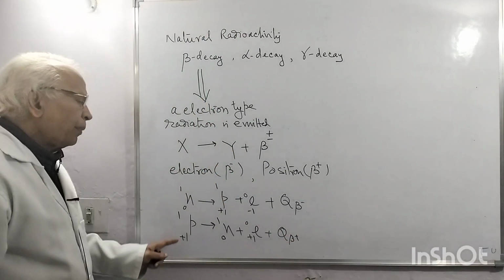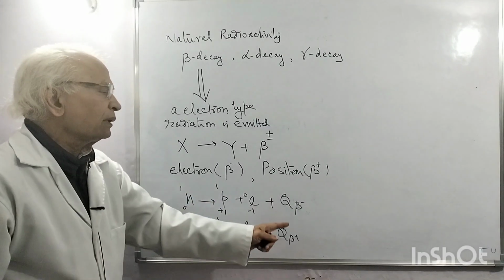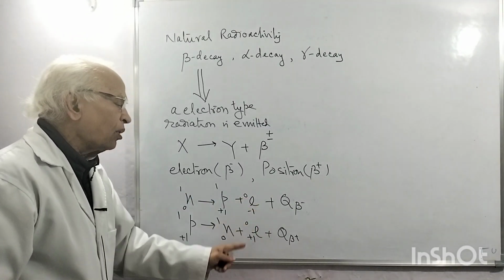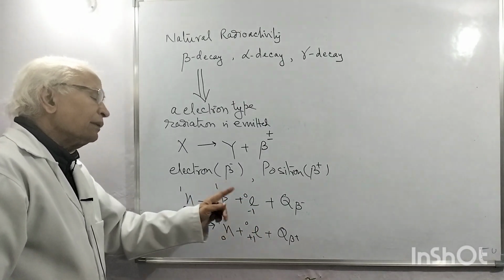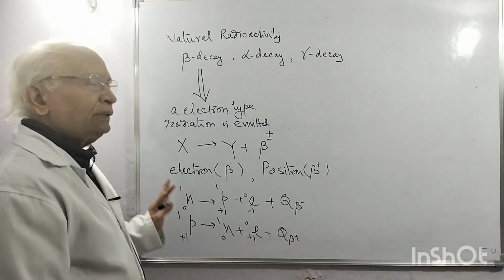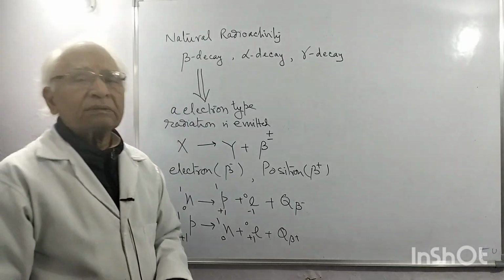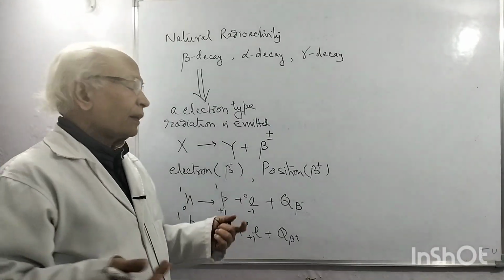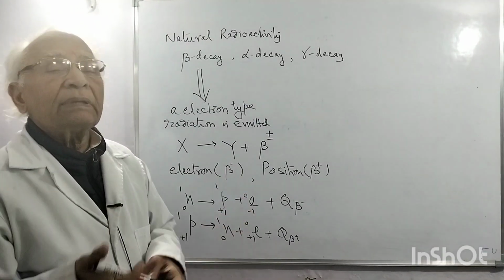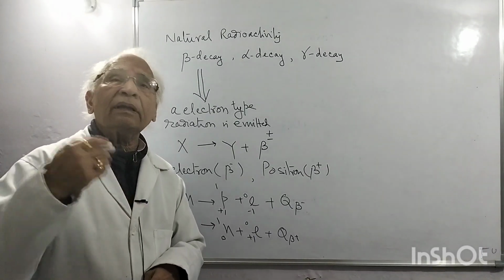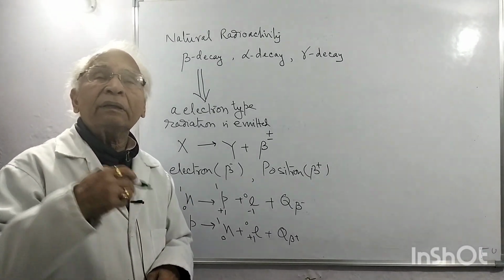This is now positron decay, and this is the electron decay. So the two processes of beta, both are called beta decay, beta negative and beta positive. So this is a natural process. In nature, it is happening without any external aid, without any external energy supply.